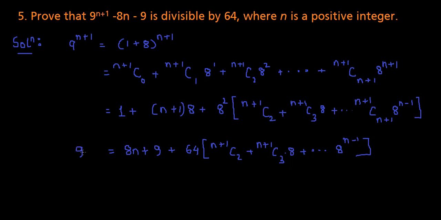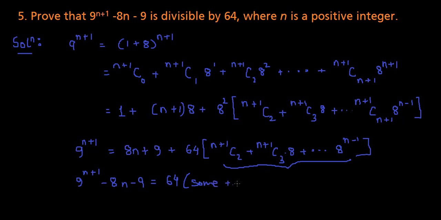That equals 9 raised to the power of n plus 1. Now we're going to bring a few of the terms from the right hand side to the left hand side. So that's what we get. This is equal to 64 times something. Now this entire term is some positive number. We really don't have to worry about the answer here. This actually proves it, this is done.